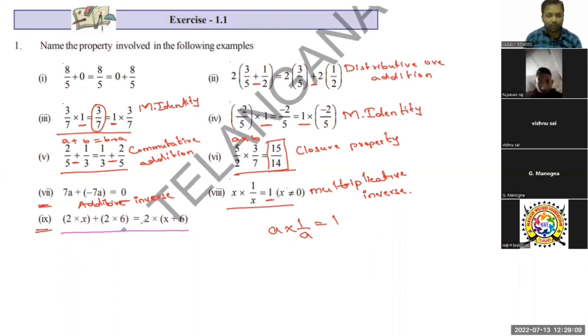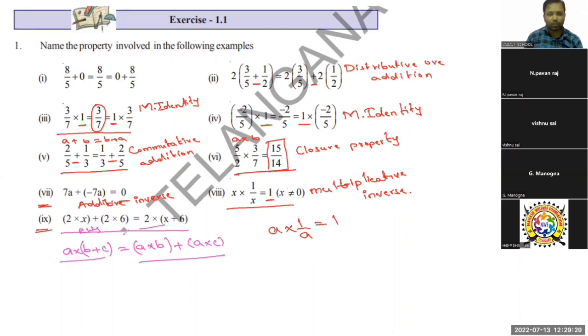But the property is given differently. We taught that property in the form of a into (b plus c), equal to a into b plus a into c, right? But here in the exercise, it is given RHS first and LHS next. No problem. Anyhow, both are equal, right? So that is also known as distributive property over addition. So copy this simply.